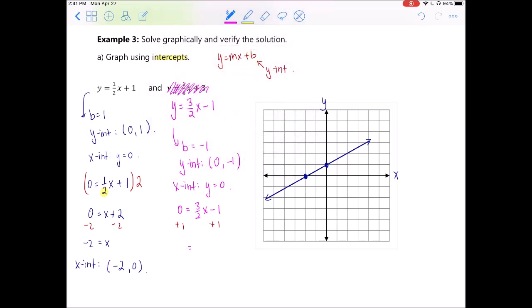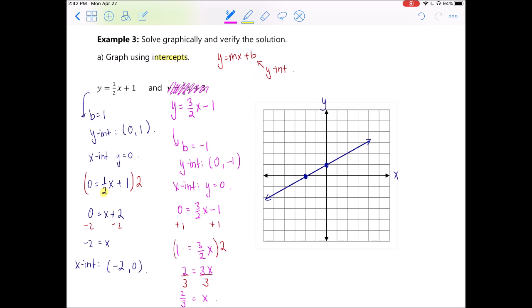All right, and then we're left with 1 equal to 3 over 2x. Now we're going to multiply the entire equation by 2. So we're left with 2 equals 3x. Then you divide 3 on both sides to get x equals 2 over 3.